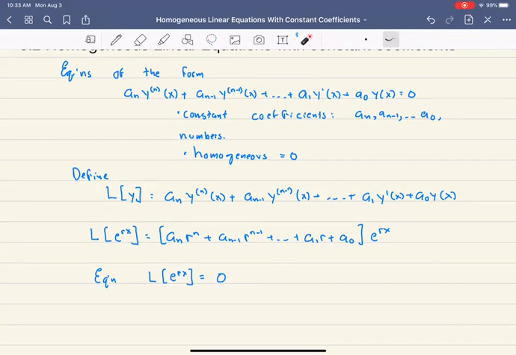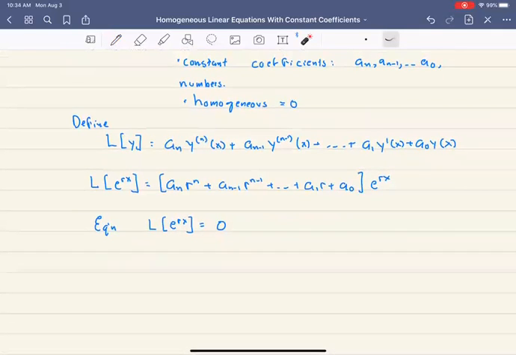Now one more thing, or two more things, and then we'll start doing some problems. First, sometimes we write this as L of D acting on y of x, where D is d dx.